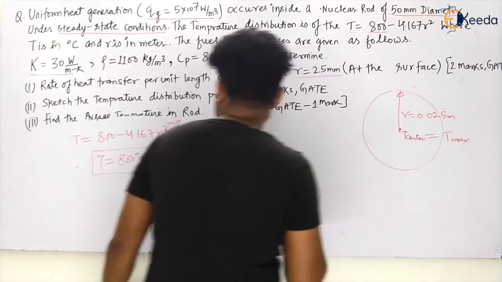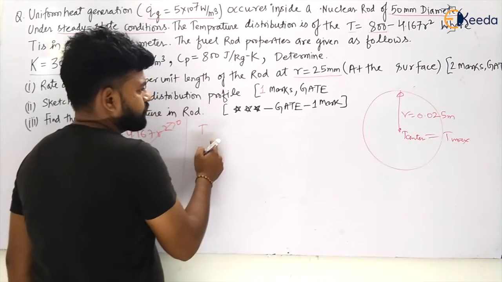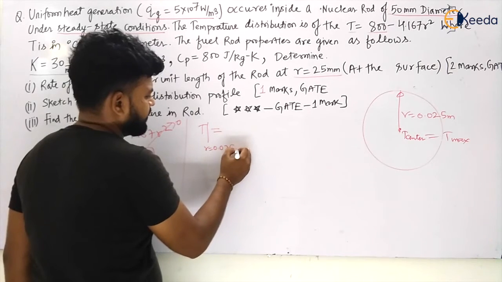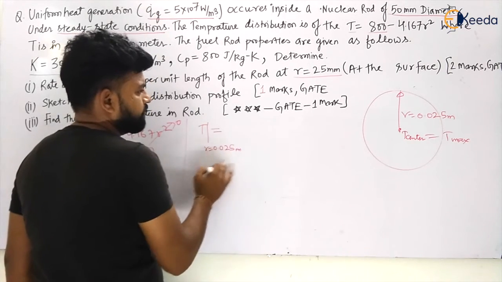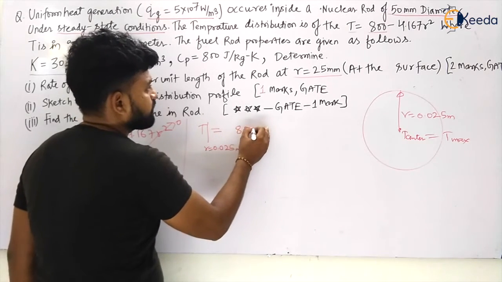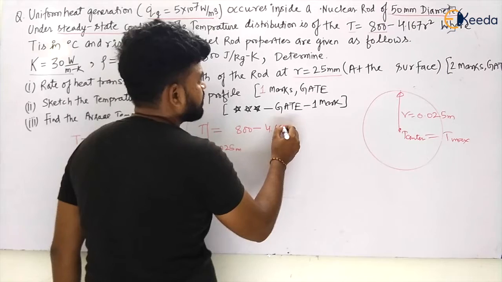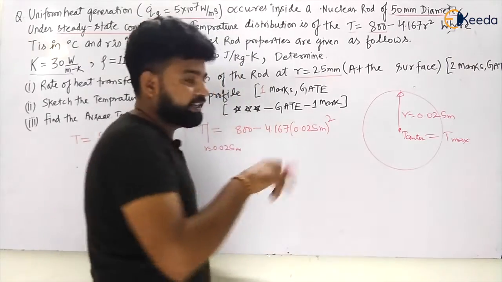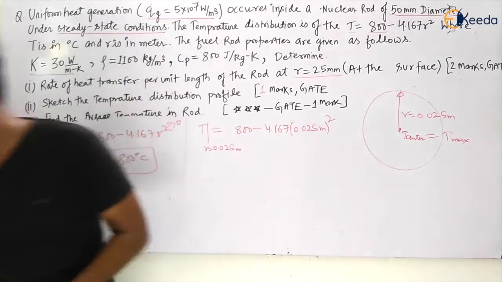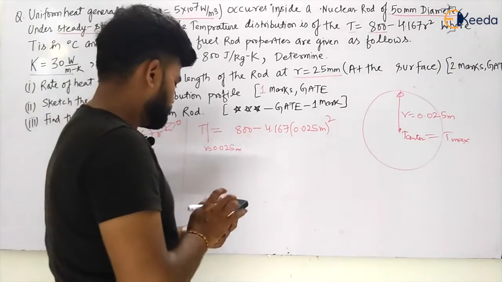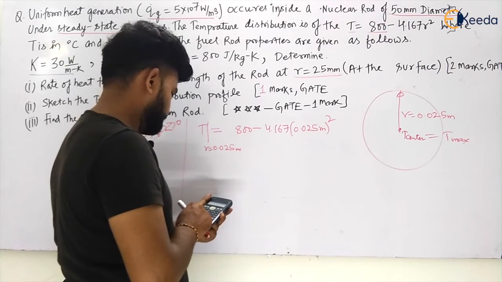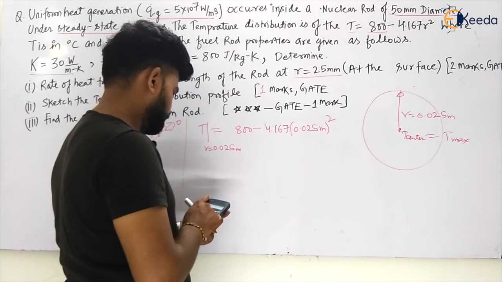Let us calculate. This will be 800 minus 4.167 into r square, that is 0.025 square. The radius of this nuclear rod is very small, so the temperature must be approximately similar.